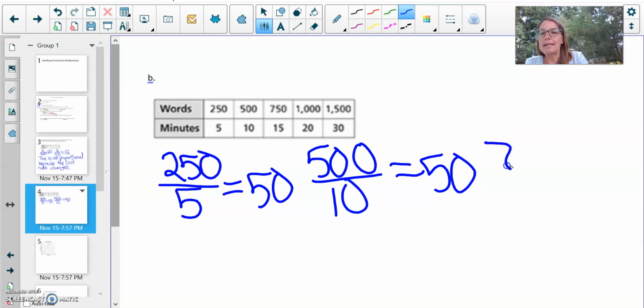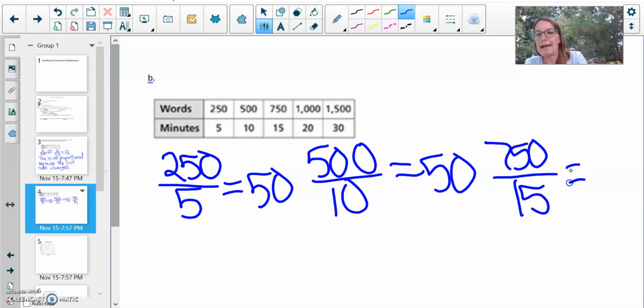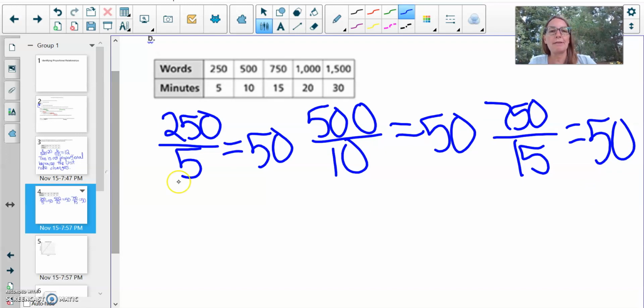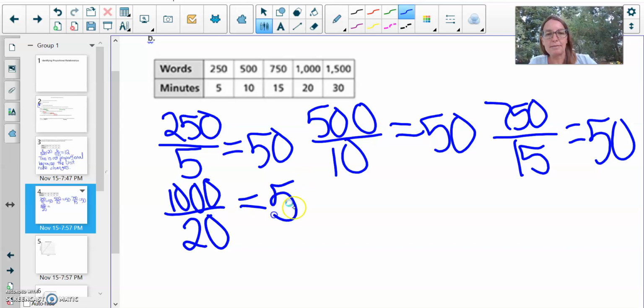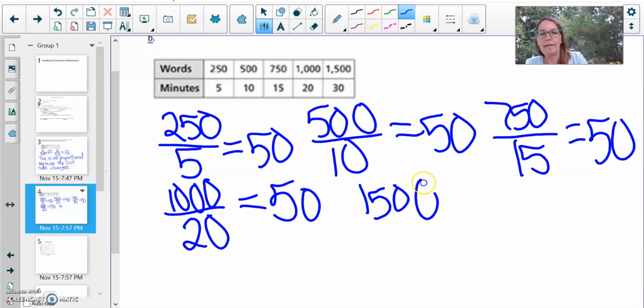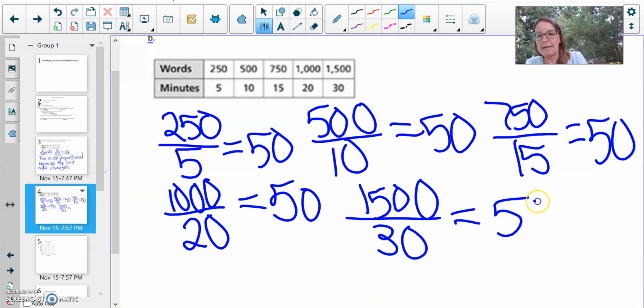I'm going to then divide 750 by 15. That is also 50. And you do have to check every single column. So I would next divide 1,000 by 20, and that gives me 50 as well. And then 1,500 divided by 30, which is also 50.